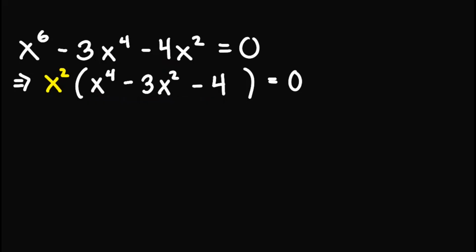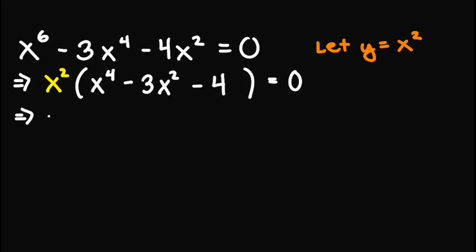Well, by observation, you may notice that it looks like a quadratic equation. Indeed, if this is a square and this is just non-existent out here, then we have x squared minus 3x minus 4, which is easily factorable in quadratic terms. So how do we make that possible? Well, we can use substitution. We can let y be equal to x squared.